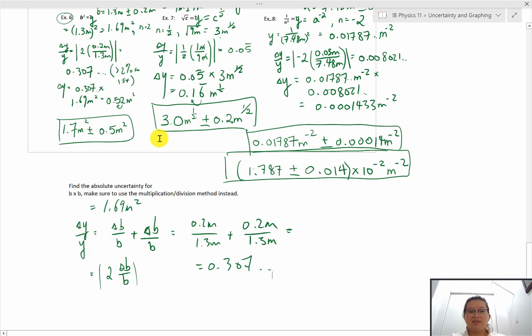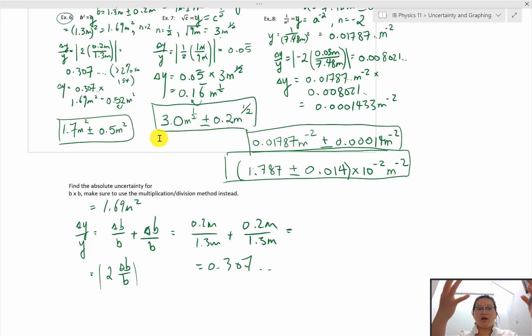What I want to show you in this example is how the equations that you use for the exponent method really are built on top of the method we use for multiplication and division. So the concepts kind of form a pathway. They are coherent with one another.